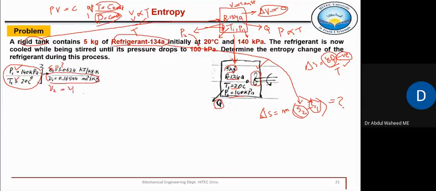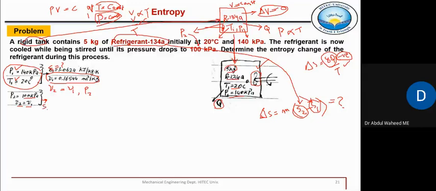Right, so at point 2, volume is also given, which is equal to V1, because the substance is placed in a rigid tank. So now V2 is given and P2 is given. P2 is equal to 100 kilopascal and V2 is equal to V1. With the help of these two, we will try to find S2.